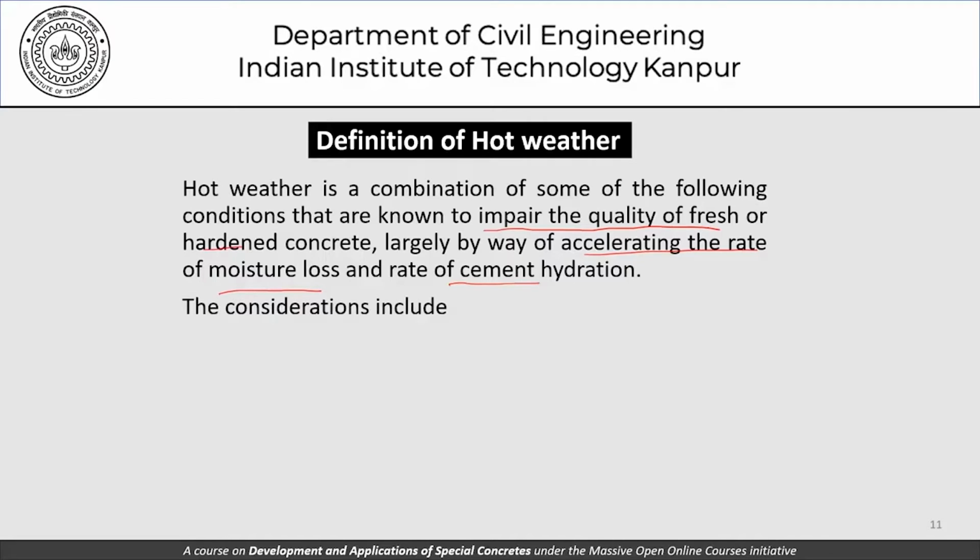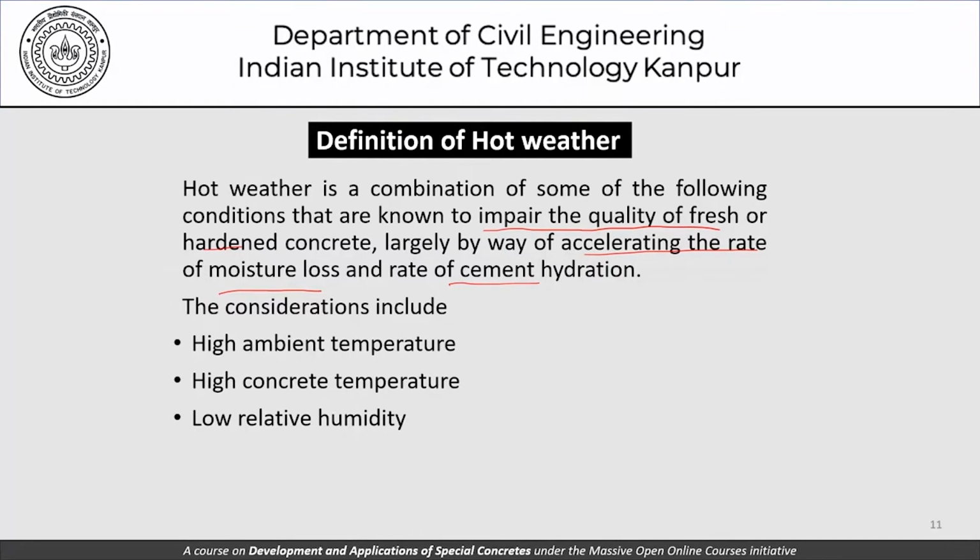These considerations could include high ambient temperature, high concrete temperature, low relative humidity, or high wind speeds. A combination of any of these conditions is likely to lead to conditions of hot weather concreting, where we are concerned about an increased rate of moisture loss from the surface of concrete and an increased rate of hydration. How do these two things affect the concrete in the fresh and the hardened state?